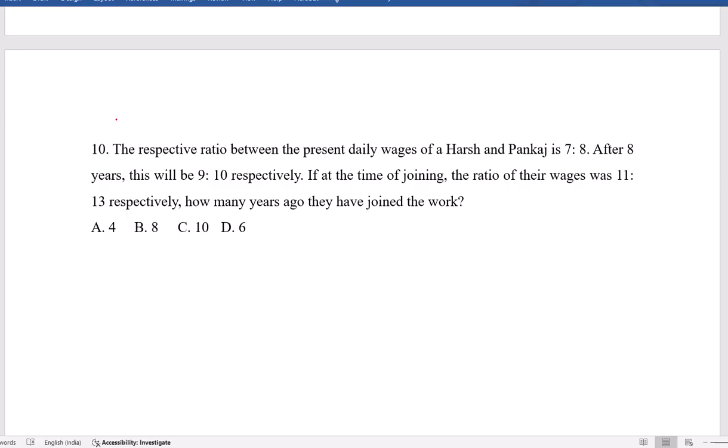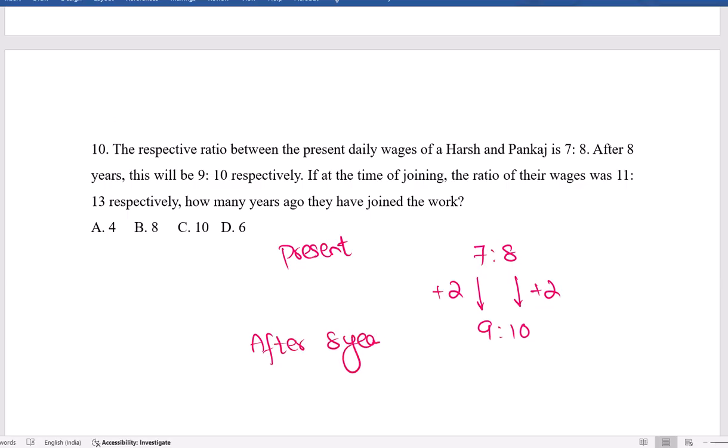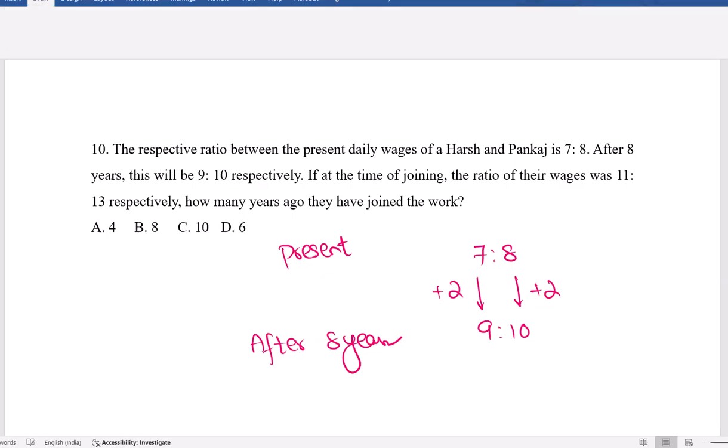Now, first of all, presently 7 and 8, then 9 and 10. Here 2 increasing in ratio, but as per the age point of view, this is present and this is after 8 years.